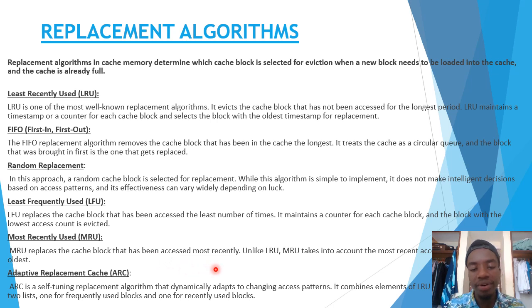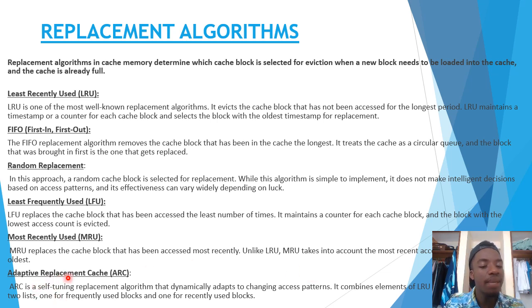Unlike the least recently used, it takes into account the most recently accessed block, and that is the one replaced to create room for the new block that's coming in.